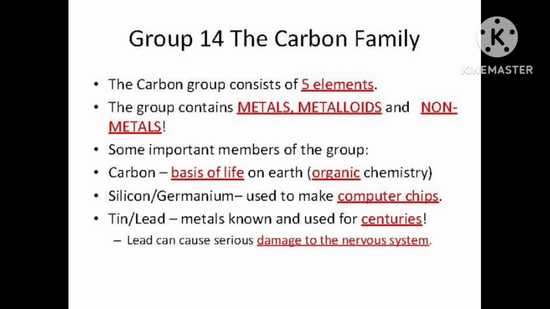Then the question is asked: select the members of group 14 that first form the most acidic dioxide, second are commonly found in +2 oxidation state, and third are used as semiconductors.